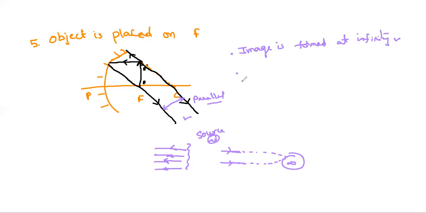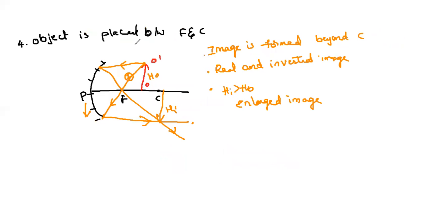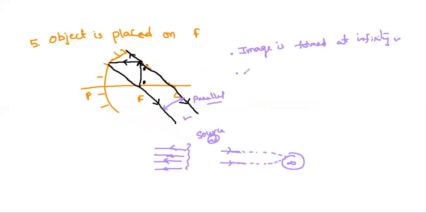And one more thing, if you observe the previous slide, since the image is beyond C, at this condition the height of the image is more than the height of the object since it is enlarged. If you consider this condition also, the image is highly enlarged. Why?